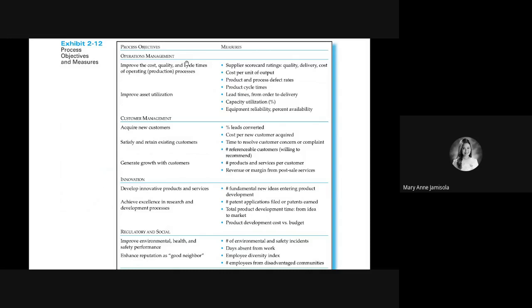We have internal process objective. Whenever you see the word internal, that is referring to the process perspective. And remember the four processes under this perspective: operations, customer, innovation, regulatory, and social. And here are the things that we can use in order to measure these objectives.